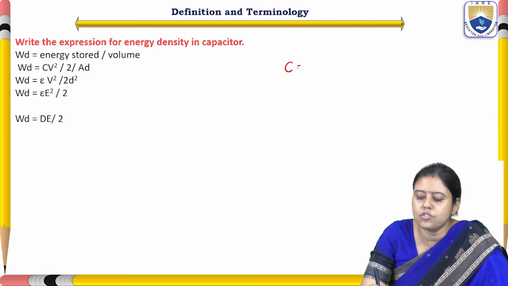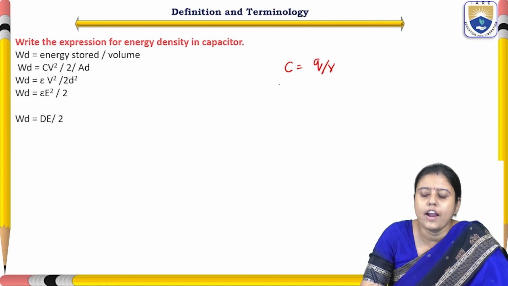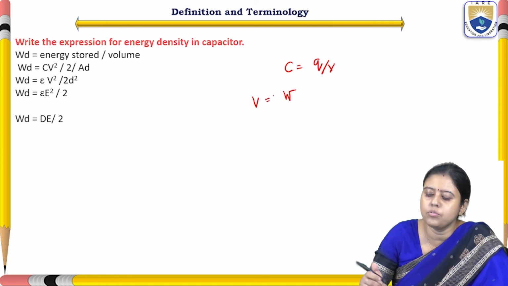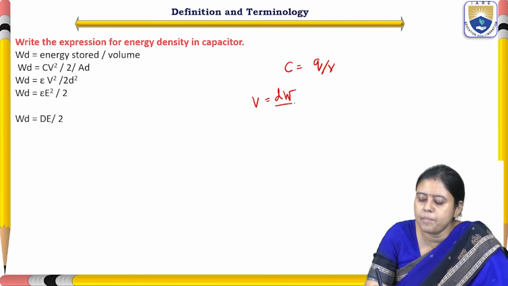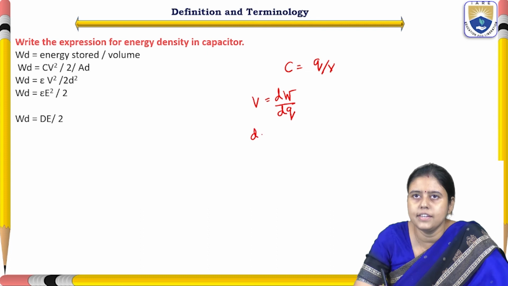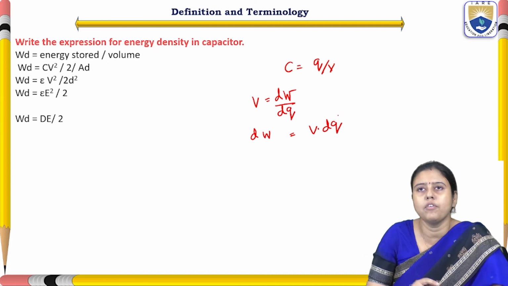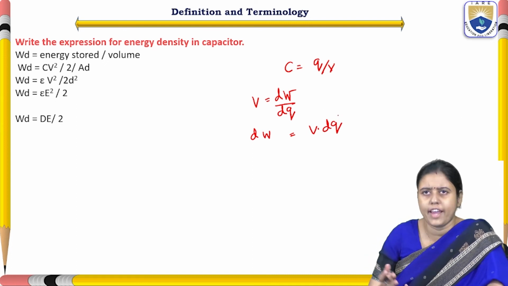The capacitance, we know capacitance is equal to Q by V. And what is the work done? V is equal to dW by dQ. So we can write dW is equal to V into dQ. Already we have discussed, just one quick recap.